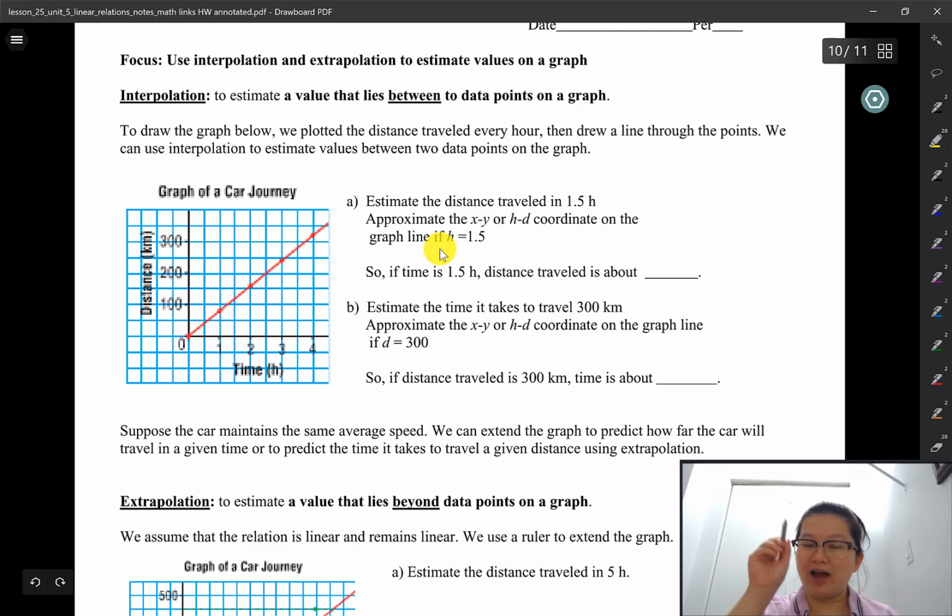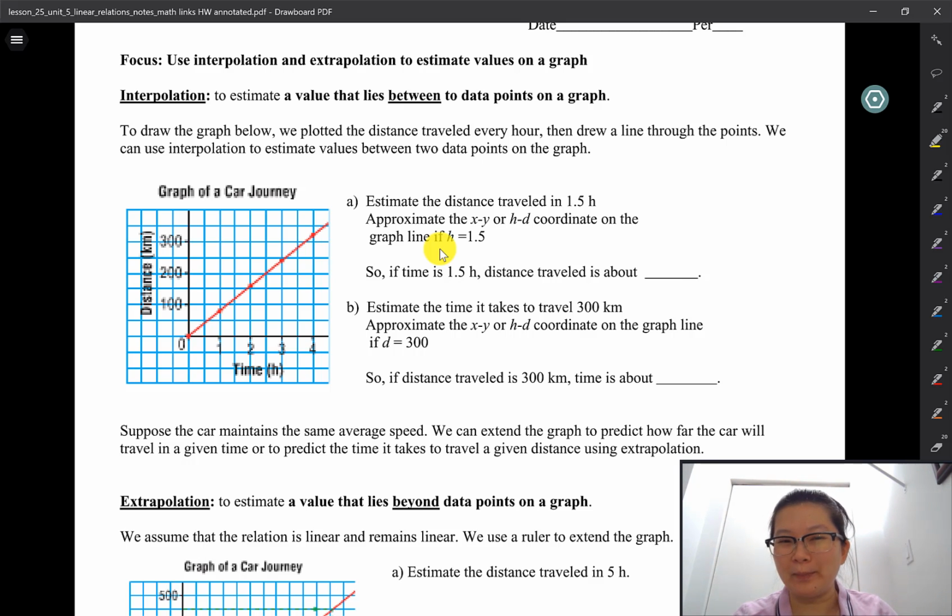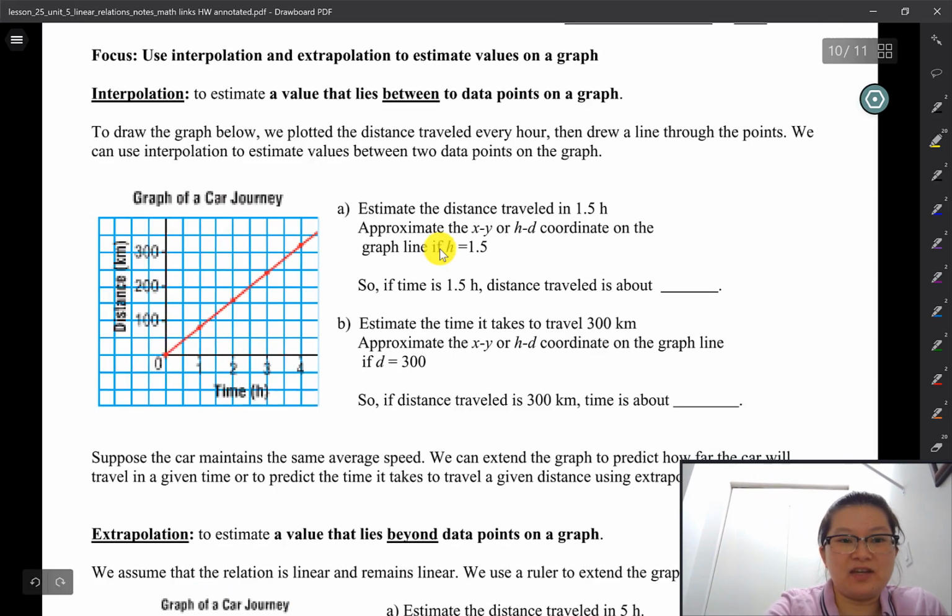Normally you would use the graph and make your way along the line and read the graph directly from the axes. But given the size of your graph, it might be very hard to give an exact value. You might have to approximate, which is why this question says estimate. But with the slope Y-intercept form, we might be able to do a better job. Even better if you have Excel, but that's not the purpose of this video.